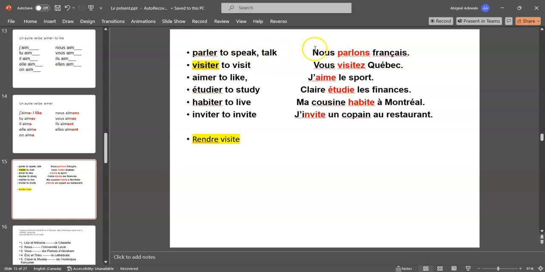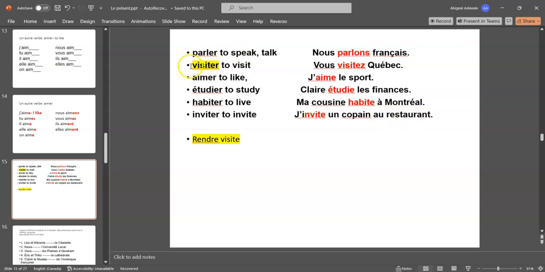Parler is to speak. Nous parlons français. That's the verb here. Visiter, vous visitez Québec. Aimer, j'aime le sport. Étudier, Claire étudie les finances. Habiter, ma cousine habite à Montréal. Inviter, j'invite un copain au restaurant.